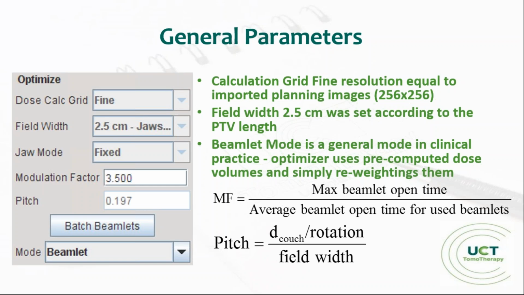From 10 centimeters to 25 centimeters, we use a 2.5 centimeter field size, and for tumors longer than 25 centimeters, we use a 5 centimeter field size. So modulation factor was set to 3.5. I usually begin my calculation from this number, and in this case I ended with this number.